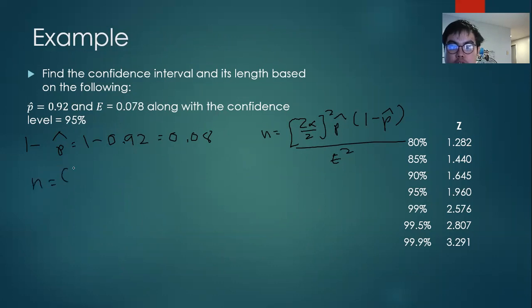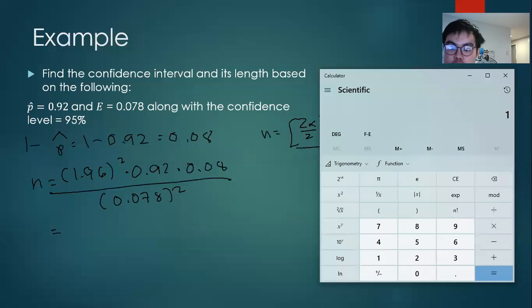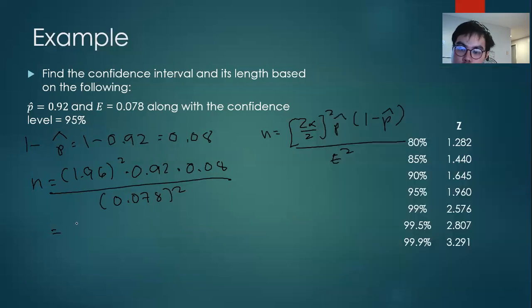So we're going to square the 1.96, then multiply with 0.92 with 0.08, then divide by the square of the margin of error. We're going to use the concept of PEMDAS first, which is 1.96, then square, so it will become 3.8416 times 0.92 times 0.08.